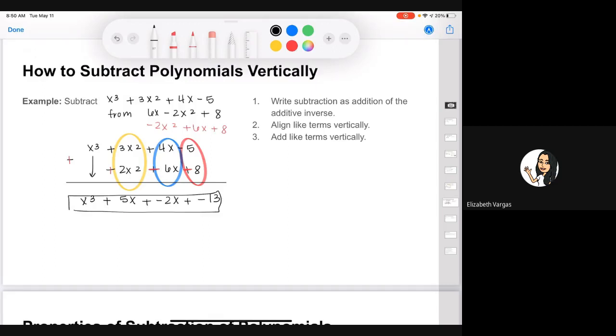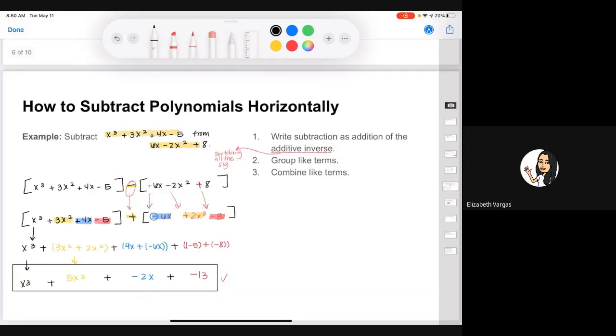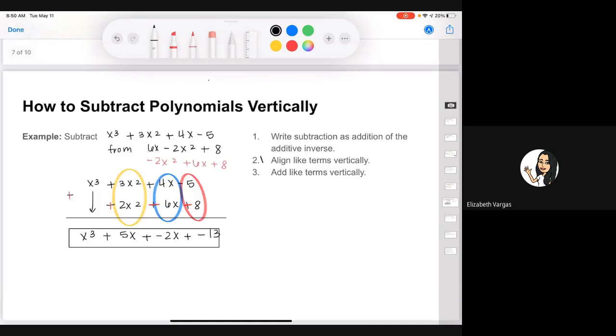And there I get my expression. And what you see is that those two are the same. So it's up to you which one you want to choose to work with. Okay, so whenever you're subtracting, you want to add the additive inverse because that makes it easier for you to solve the problem, because all you're doing is adding those like terms.